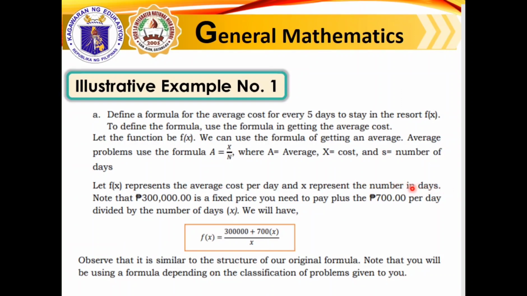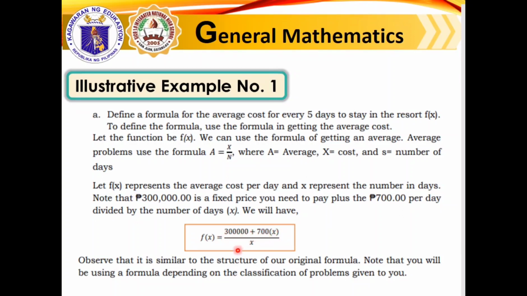So note that 300,000 is a fixed price you need to pay plus the 700 pesos per day, divided by the number of days x. We will have this rational function. So f of x equals 300,000 plus 700 times x all over x.